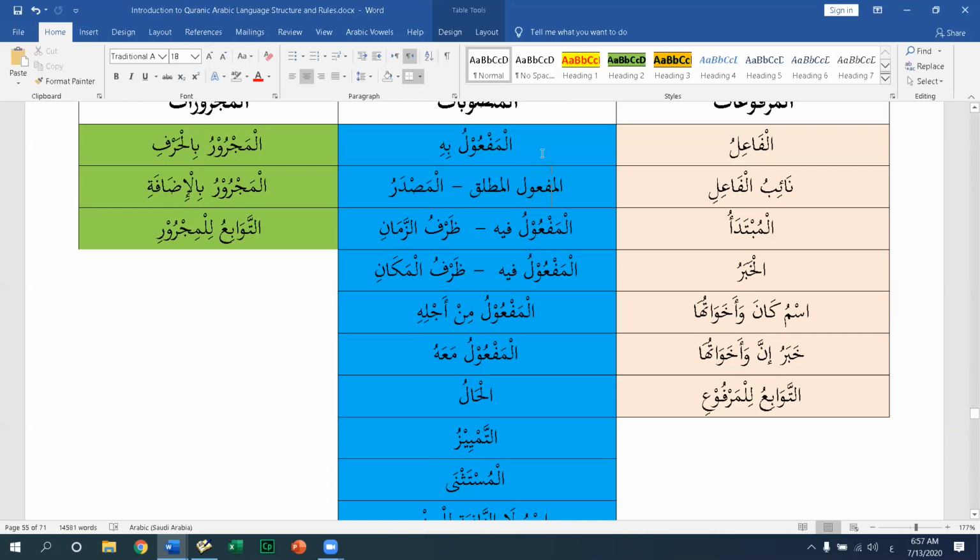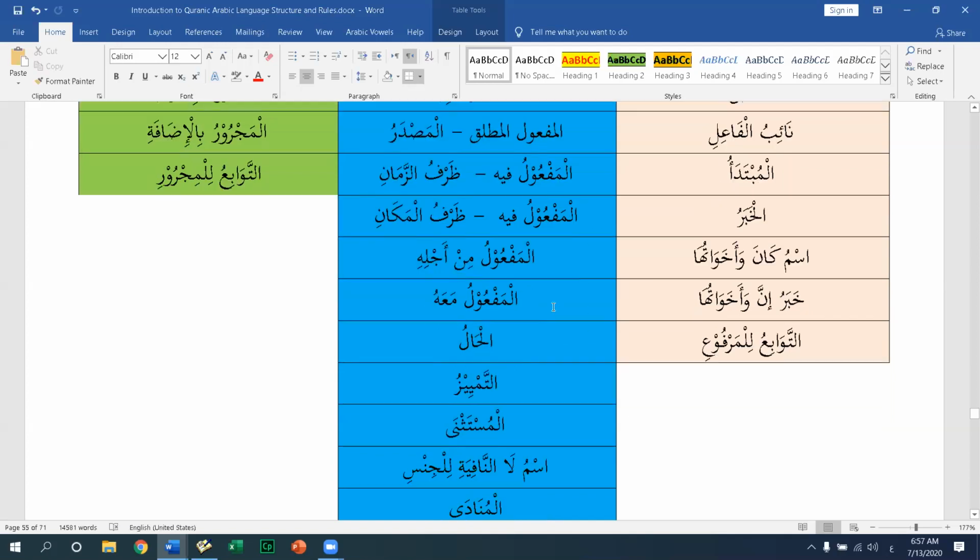Al-maf'ulu bihi, that's the object. Al-maf'ulu al-mutlaqu, the masdar. We'll talk about each of these extensively in the sections. Al-maf'ulu fihi, when it's ظرف الزمان or when it's ظرف المكان. Both ظرف الزمان and ظرف المكان are also called al-maf'ulu fihi.